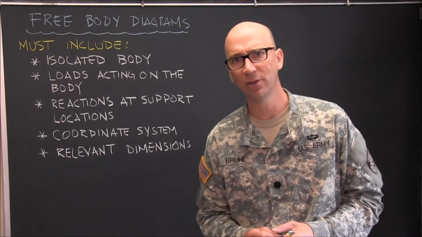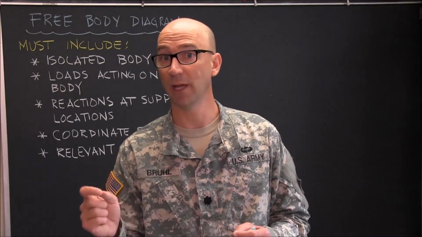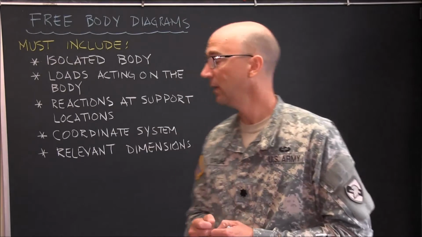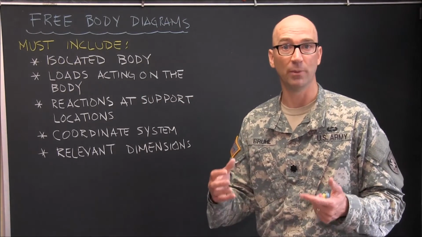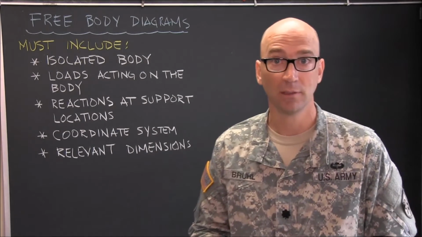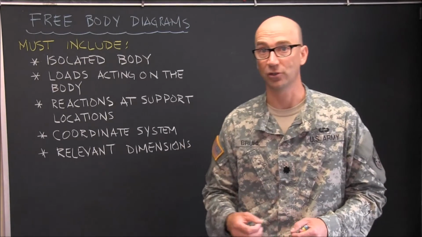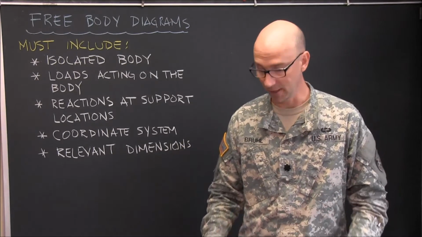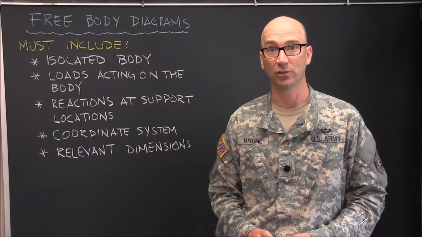Now before we dive into a quick example, let's just remember what is meant by loads and reactions and how they differ. A load is an external force or moment acting on the structure. Examples of this include what? The weight of the structure itself. Perhaps loads on a structure. The weight of my body on this floor is a force or a load acting on the structure.